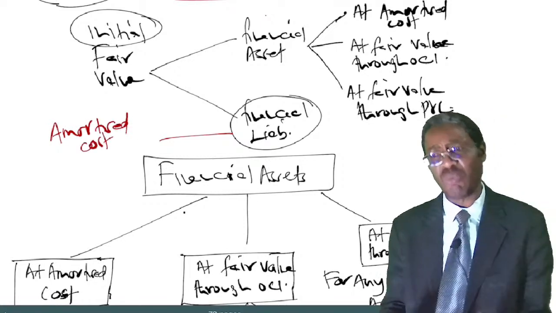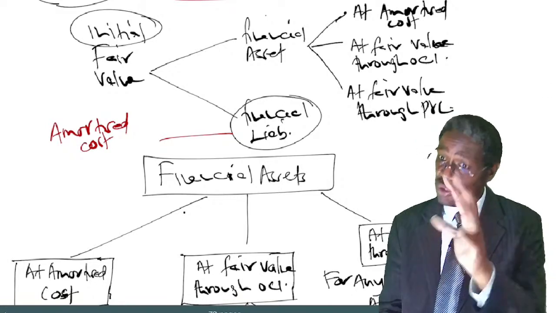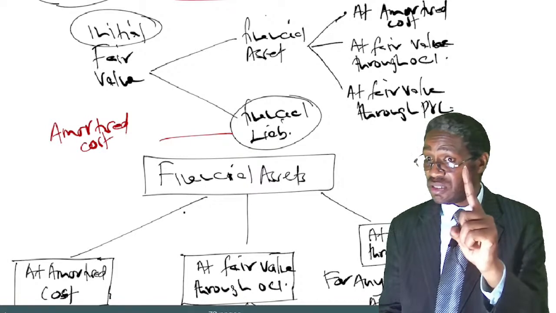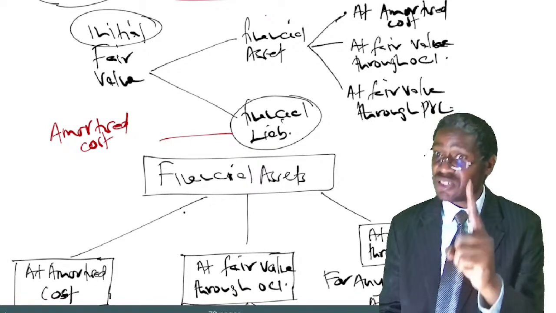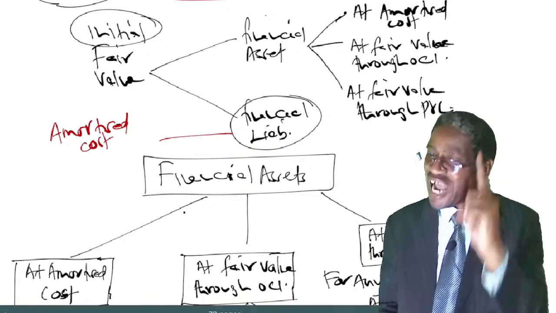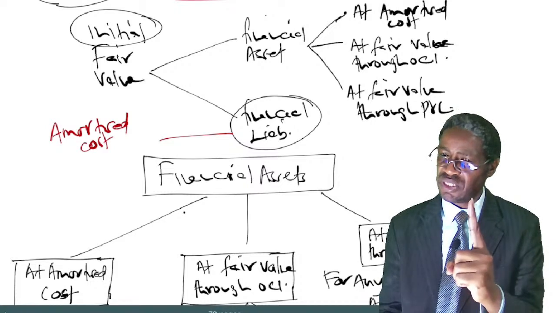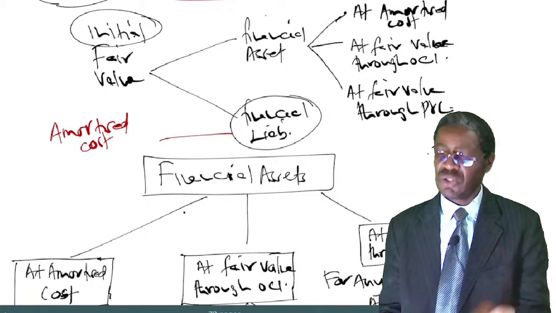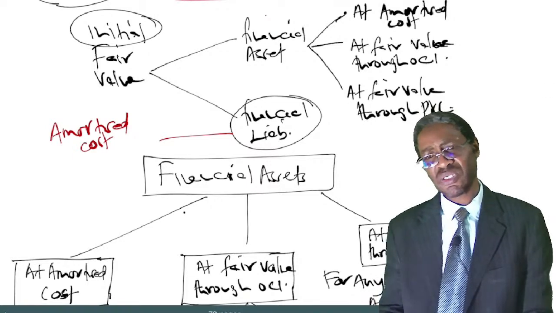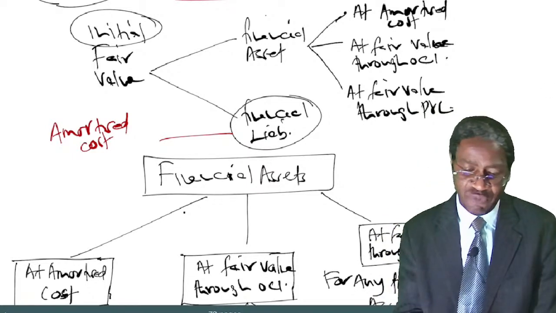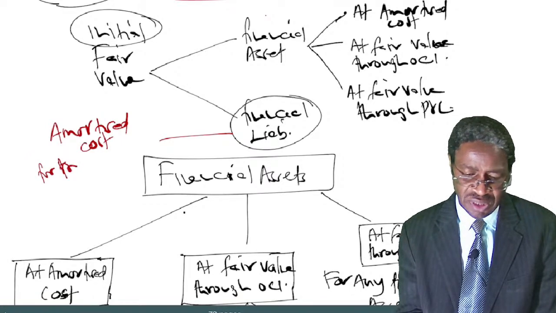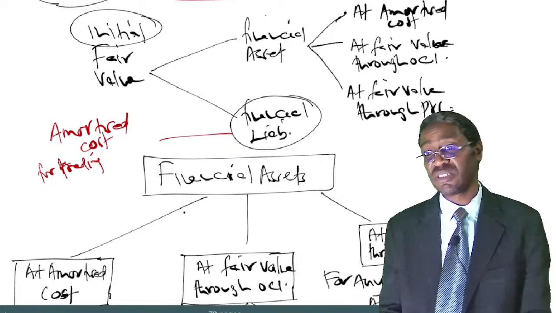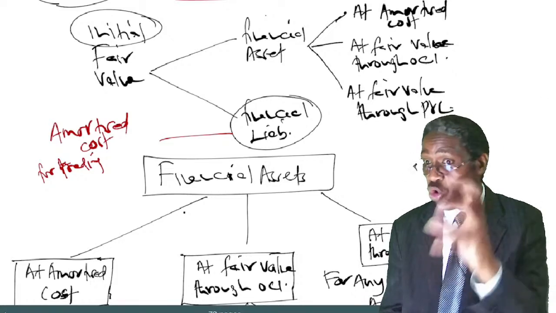That's the most common way. How to calculate it? Don't panic. We shall calculate it in a short while. I've said financial liabilities should be measured at amortized cost, except for those financial liabilities which are for trading. They are not common.